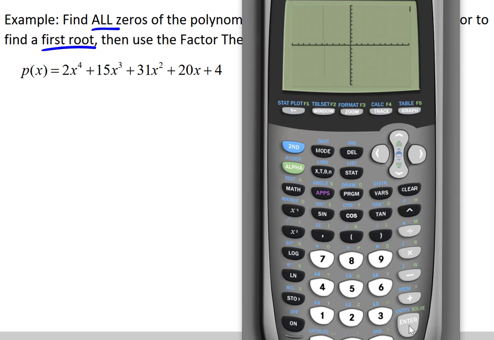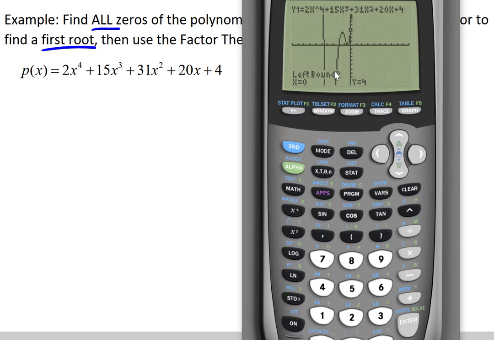It takes us back to a graph window where we can see a graph of our function, and we need to be able to spot visually one zero to use. You can see maybe a couple options here. I'm going to pick the one that looks like it's close to -2 on the x-axis. It might be -2, but we'll find out for sure.